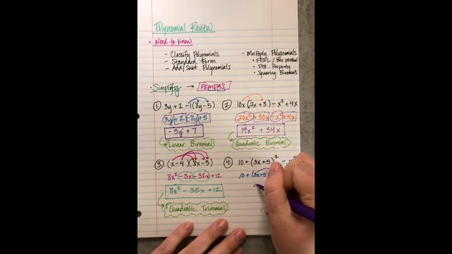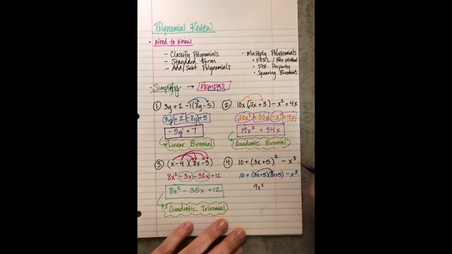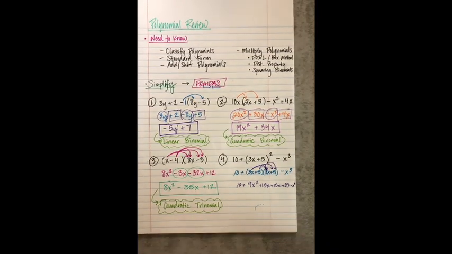3x times 3x is 9x squared. 3x times 5 is 15x. 5 times 3x is 15x. 5 times 5 is 25. I still have to drop down the other stuff though. Sorry, this is crammed. Okay. Next, I'm going to combine like terms.